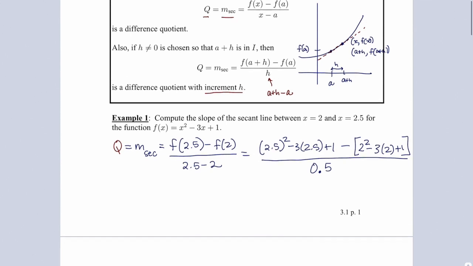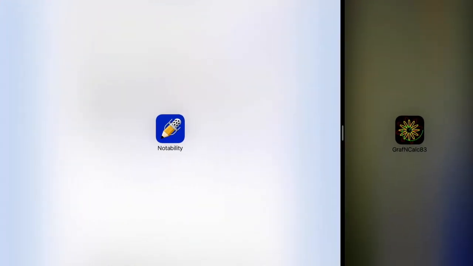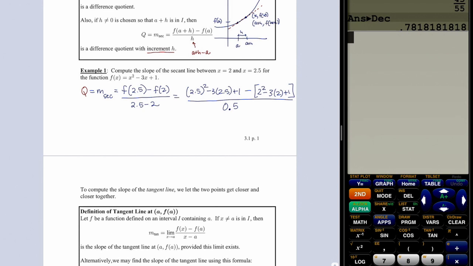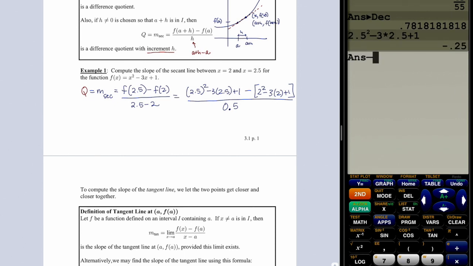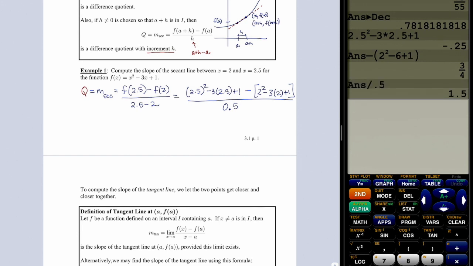So then I'm going to grab a calculator. 2.5 squared minus 3 times 2.5 plus 1, and then I want to subtract 2 squared minus 6 plus 1, and I want to divide that by 0.5. So we get 1.5.